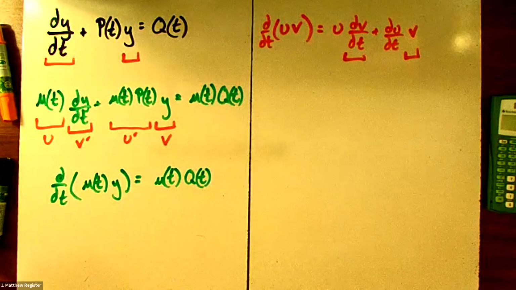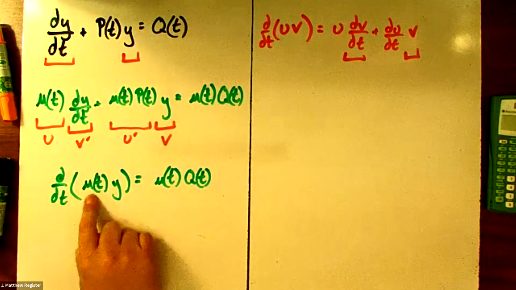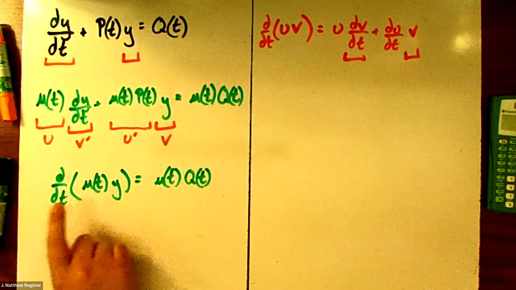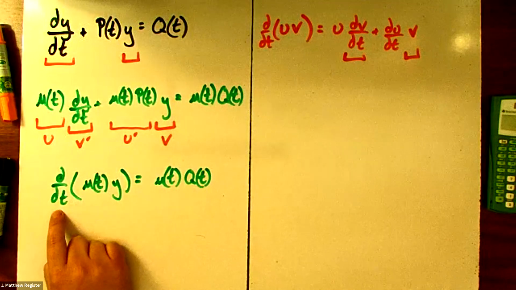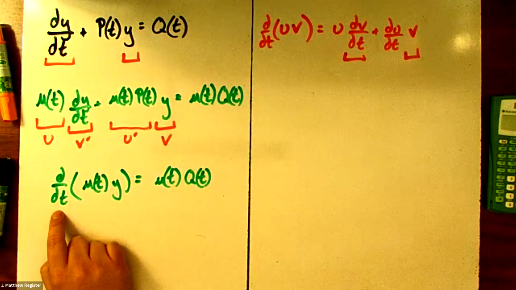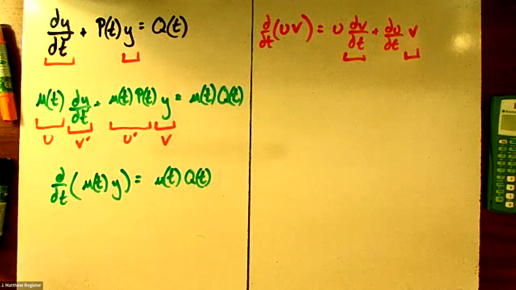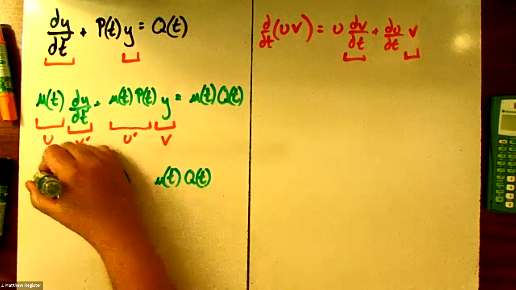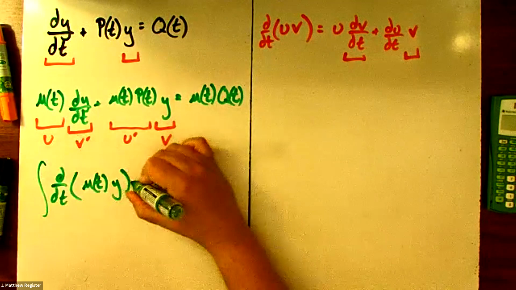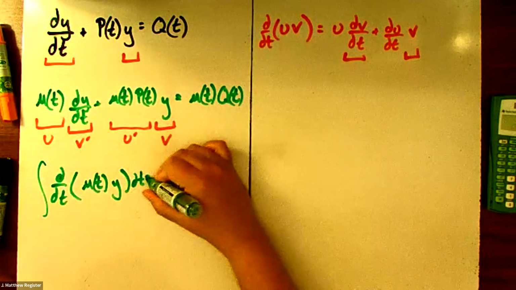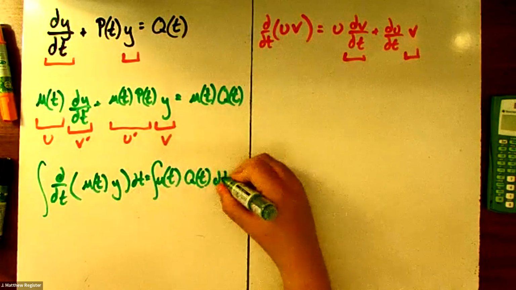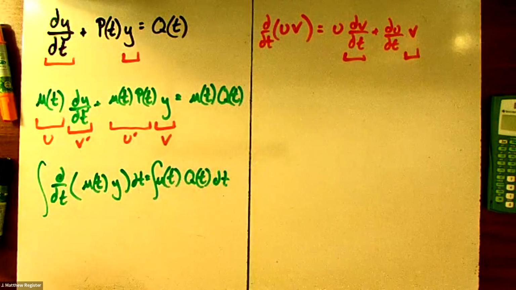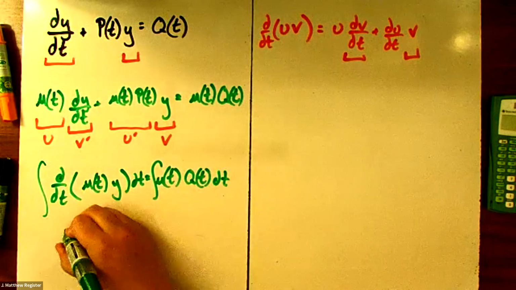And here's where the magic happens. This left side is a derivative with respect to t. The way that we undo a derivative is we integrate. And so if we integrate both sides with respect to t, then the left side is just going to become mu of t times y.